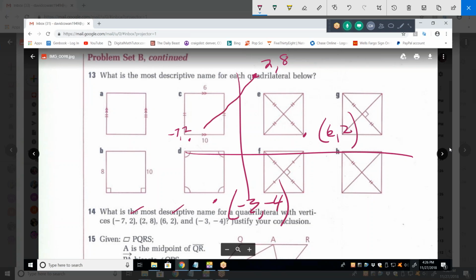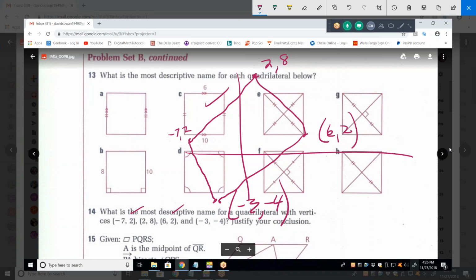So here's what we're looking at. What do you think it probably is, just as a guess? A rhombus? I would say a parallelogram. Yeah. And the only reason I say that is because that'd be the easiest thing to prove. How would we prove it's a parallelogram? The slopes.